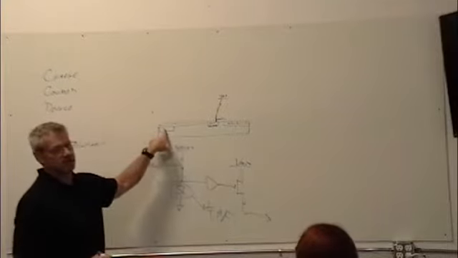And now I need to put another switch here, otherwise, when I reset this, I'm going to kill my charge. This is usually reset, and this is usually read. And then I've got to put an amplifier out here of some sort.